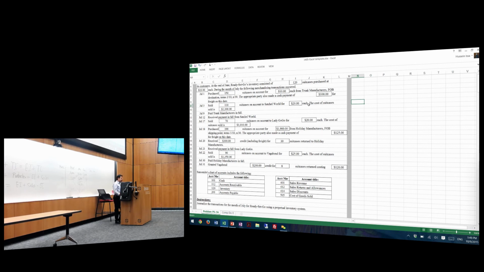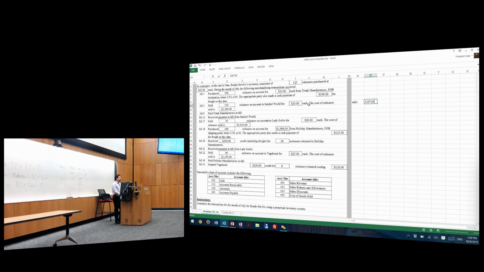In this case, July 3rd, the company has 110 suitcases. They sold 110, so the sale was 110, right? Multiplied by 20.